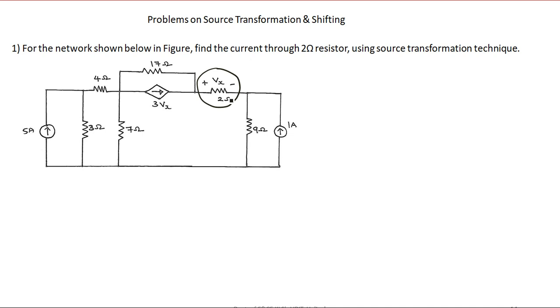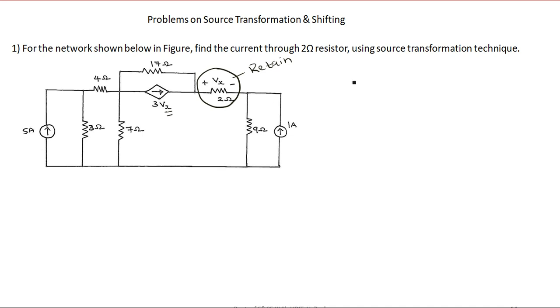That means this resistor we have to retain as it is. The other elements you can use to apply the source transformation. Here you can see we have a dependent current source, and its value depends on the voltage Vx. Where is that voltage Vx? It is across the 2 ohms, right?